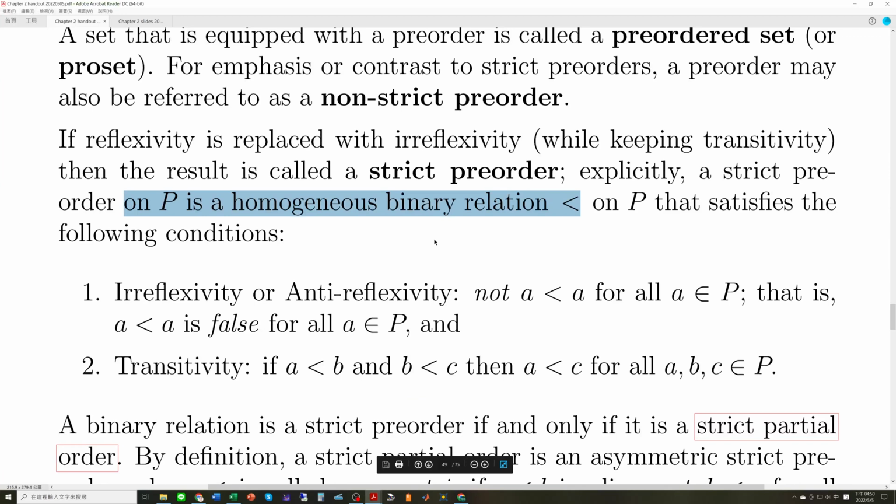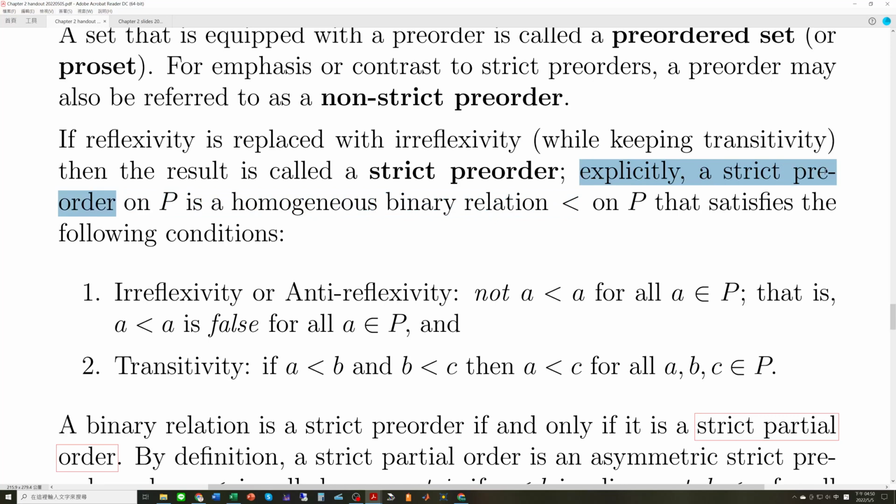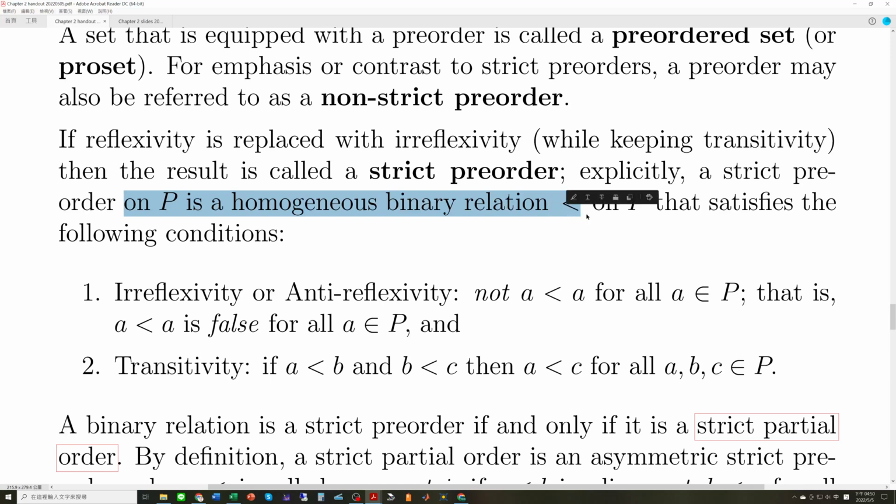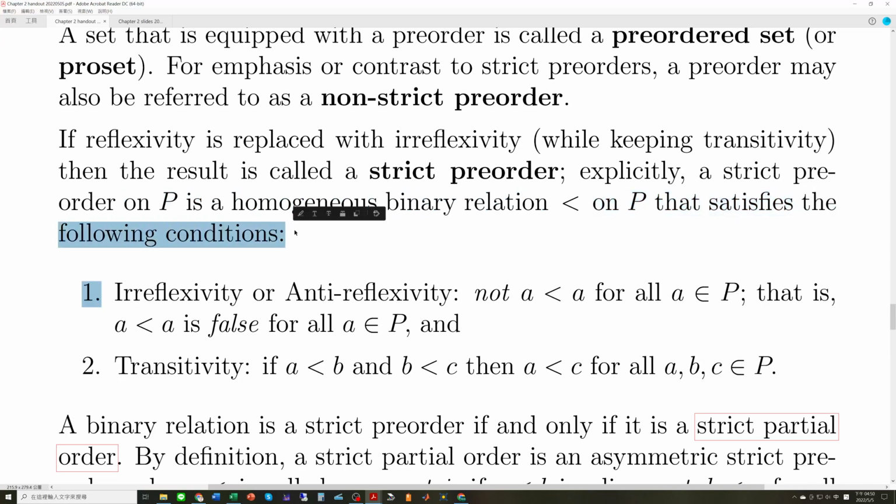Okay, in the first part of today's class, we have set to here. Explicitly, a strict preorder on P is a homogeneous binary relation smaller than or less than on P that satisfies the following conditions.